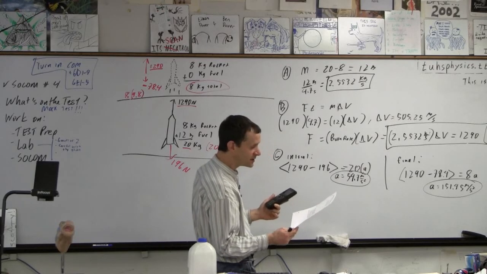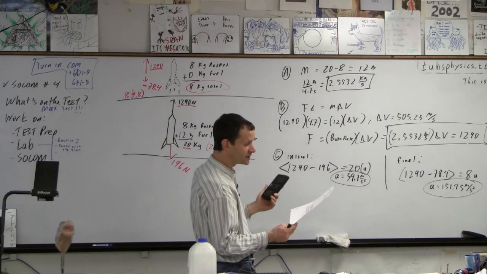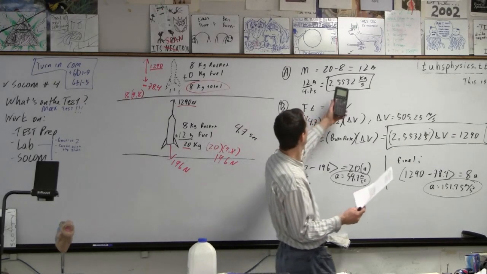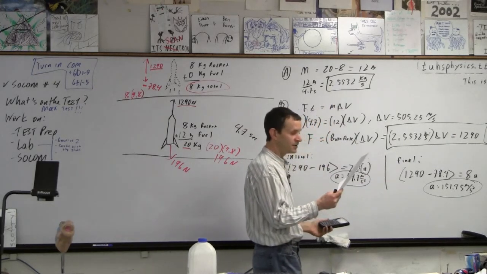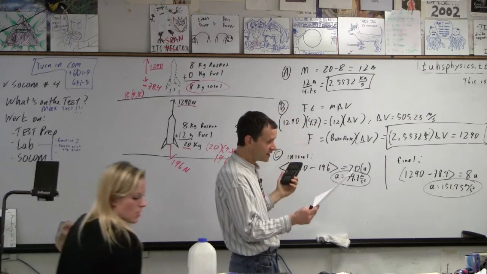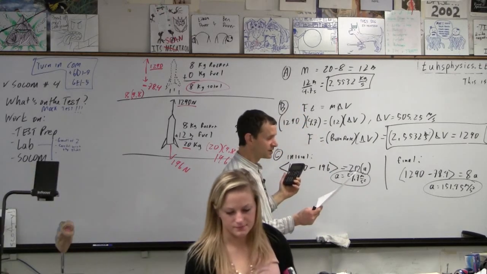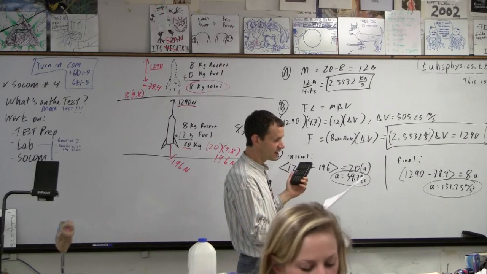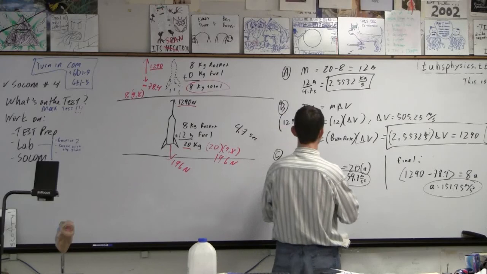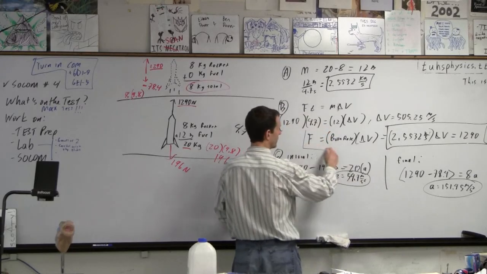And then D says, if the rocket burned the same fuel in the same time, in other words, this number is the same, okay, but the exhaust velocity changed to 1778 meters per second, what is the thrust force of the engine? Well, I think we've got to use this formula here, right?